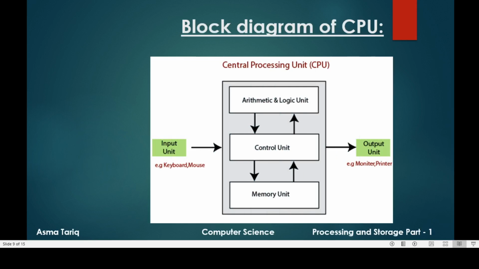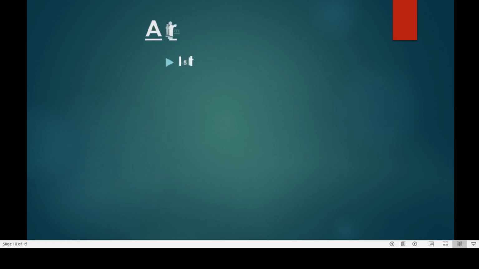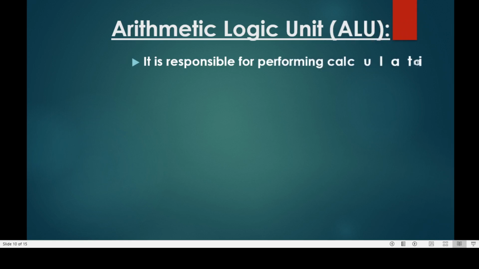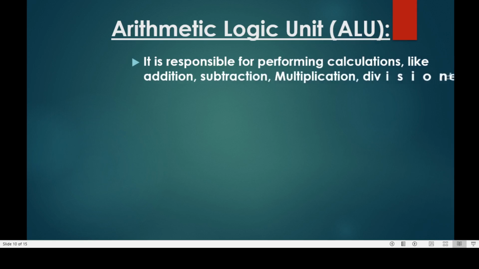Now you can see the input and output devices are attached to the central processing unit. Input devices like keyboard and mouse provide the input to the computer system, and the computer receives this input, processes it, and provides the output to the user through output devices like a monitor or printer.